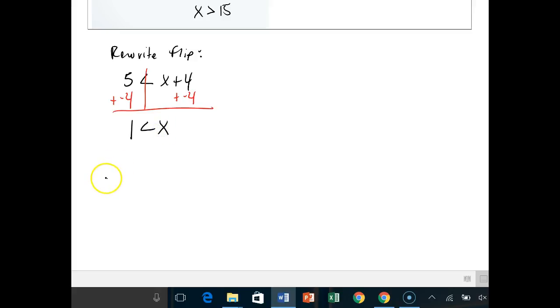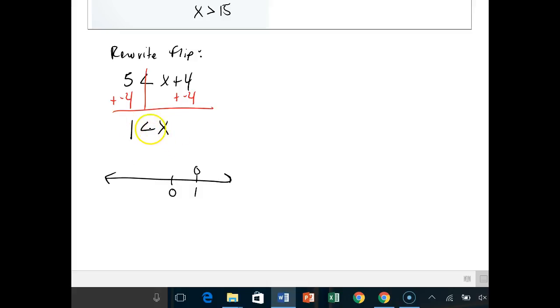But when I graph this, I would get kind of confused because normally I just go the way the arrow or inequality sign points, right? So I go to 1, and then I would say, all right, open circle, and let's go left. But that would be incorrect, because this is saying 1 is less than x. X has to be bigger, so all numbers bigger than 1.